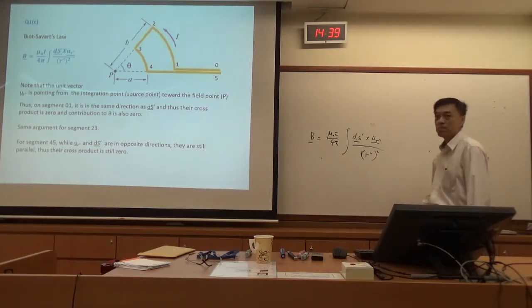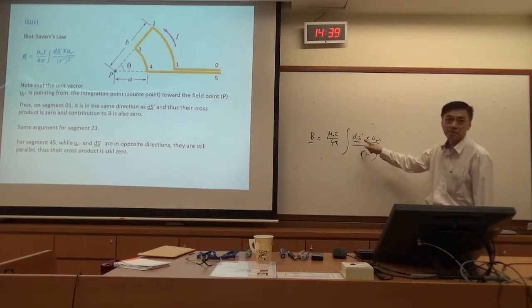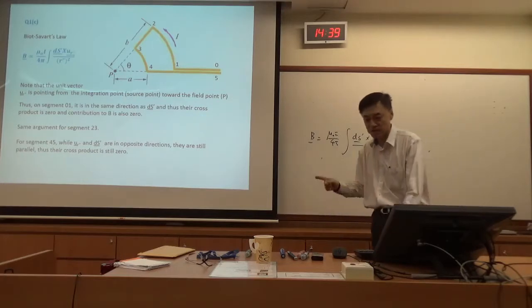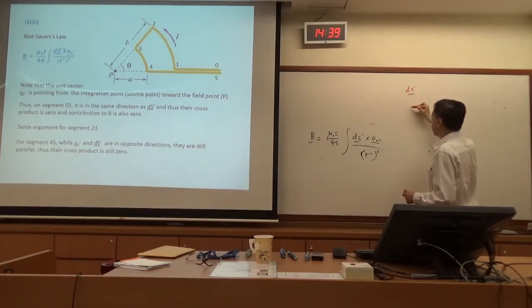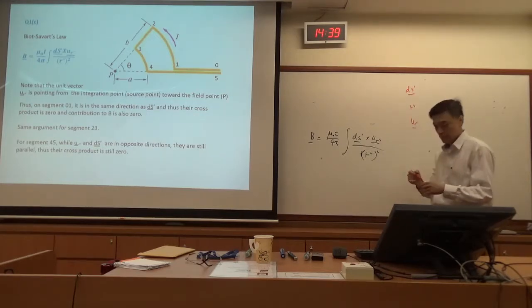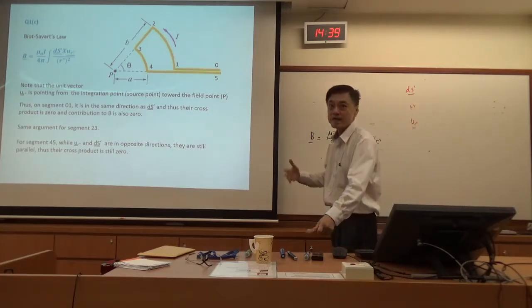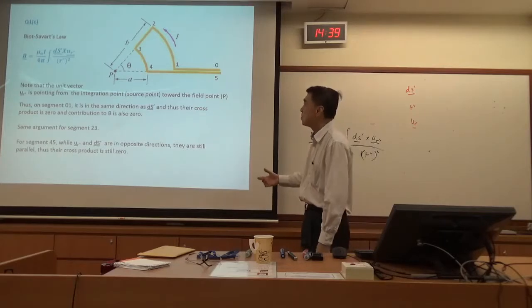And remember, the important things are ds double prime, r double prime, and ur double prime. So you try to identify all these things for all the wire segments.